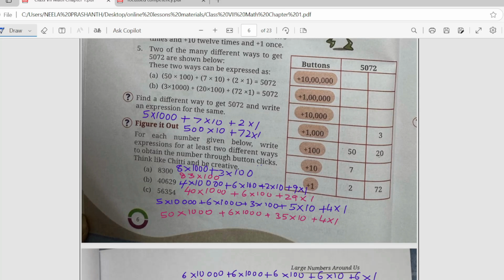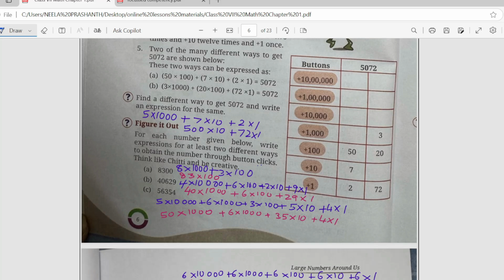So 3000 and 2000 will get you 5000, and 72 into 1, so 72. So in whichever way we write, we are getting the number 5072, which can be shown in two different ways.